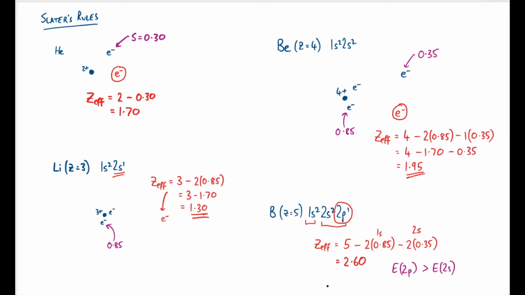It turns out that the energy gap between the 2s and the 2p is sufficiently big that it becomes much easier to remove that electron from boron, despite the fact that the effective nuclear charge has increased in a similar way to how it did from lithium to beryllium. So going from beryllium to boron, we'd expect the ionization energy of boron to be a bit lower than we might have expected.